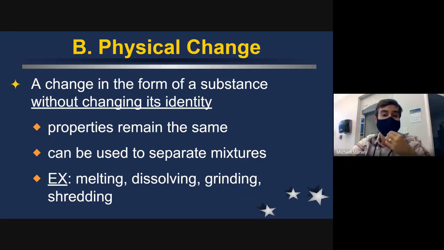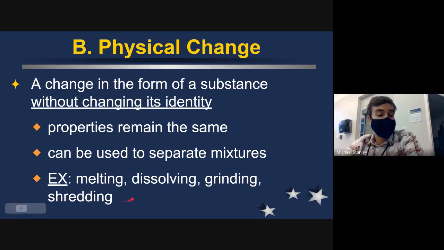It's both water. It's still the exact same H2O molecule that it was before. It just changed phase. It went through a phase change into something else. So it's still water. It's still the same chemical, the same substance. It's only gone through a physical change.